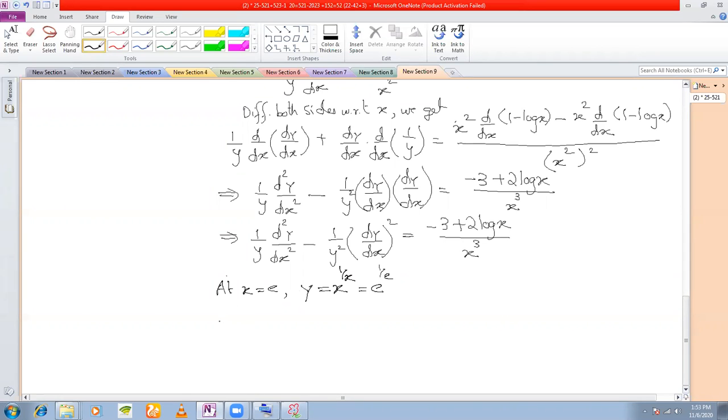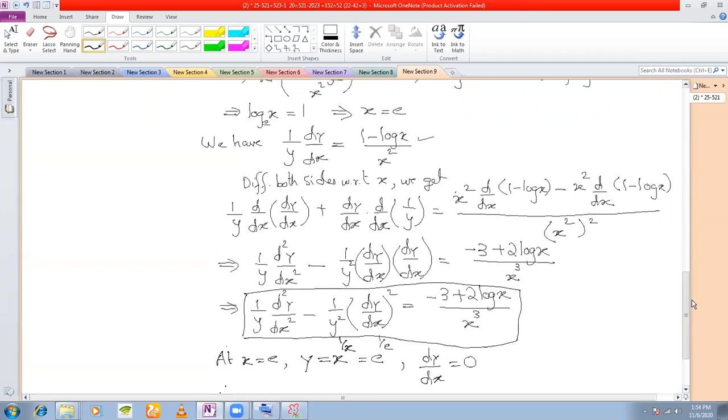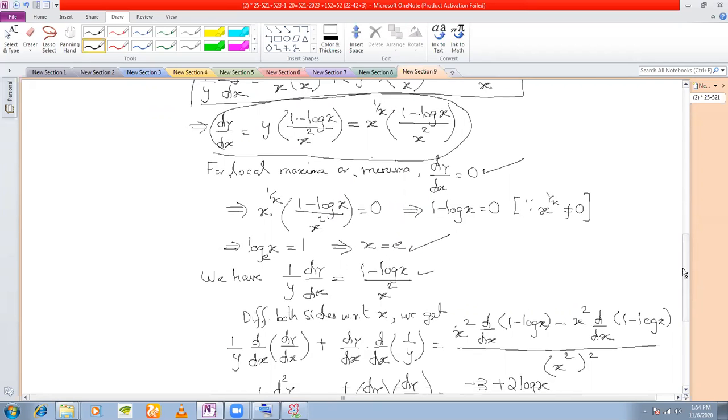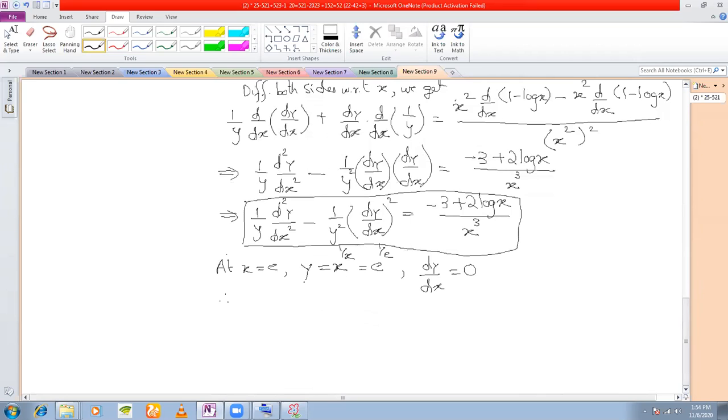So if you put it in this expression, because you simply need to check the sign of d2y/dx2, what is the value of dy/dx at x = e? dy/dx is 0, right? Because only on equating dy/dx = 0 here, we got x = e, right? So at x = e, the value of y is this, and the value of dy/dx is this.